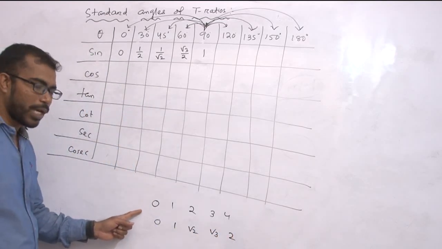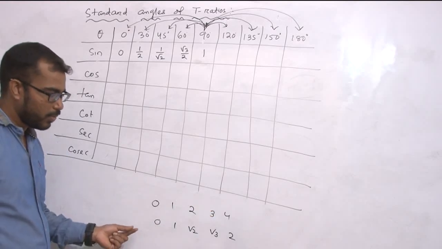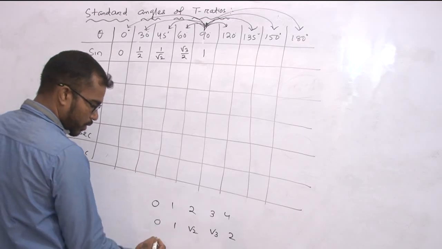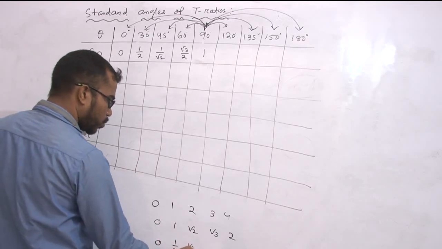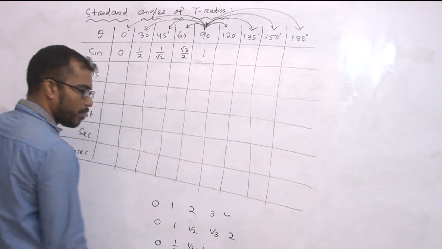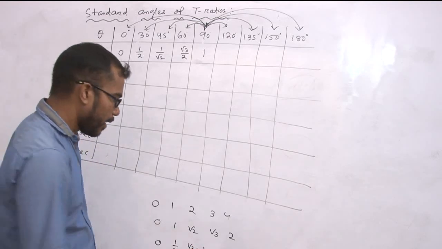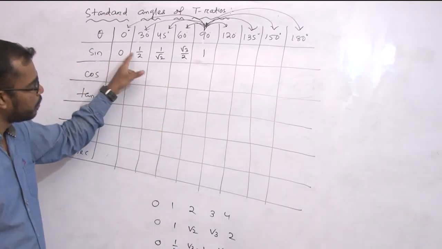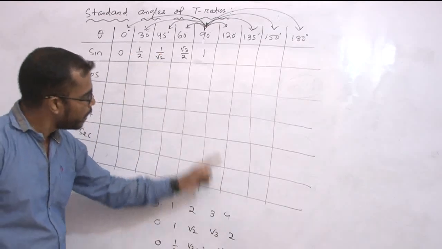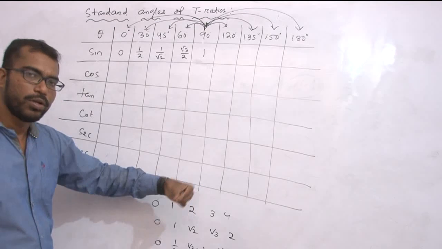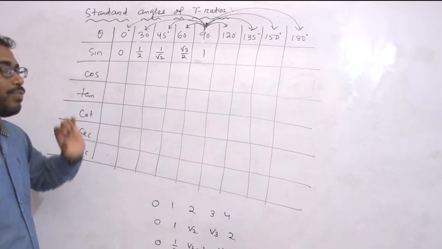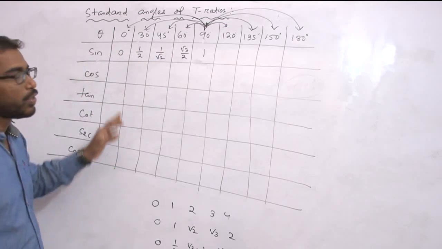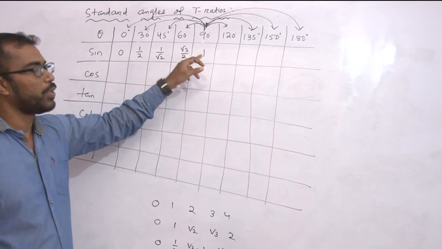Then we divide all the numbers by 2, so you get 0, half, root 2 by 2, that is 1 by root 2, then root 3 by 2, and 1. So the first 5 values of sine are 0, half, 1 by root 2, root 3 by 2, and 1.